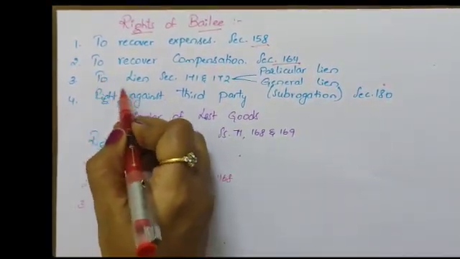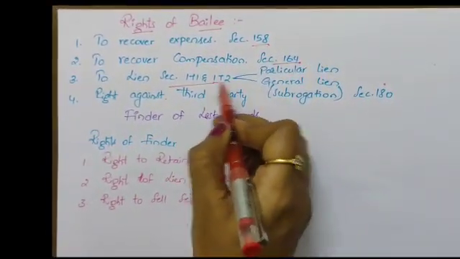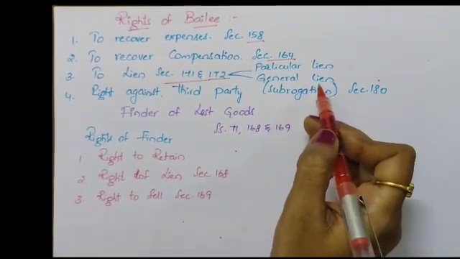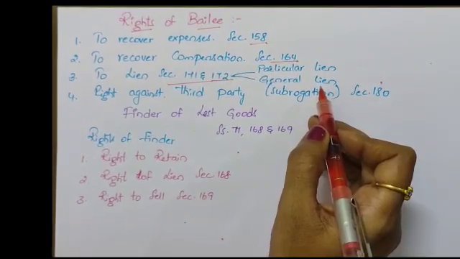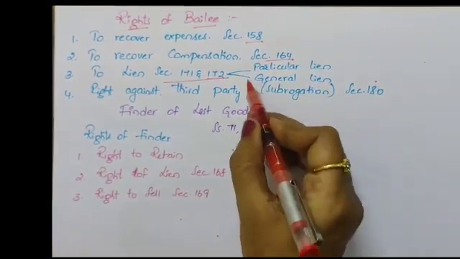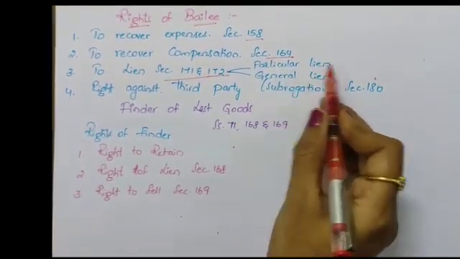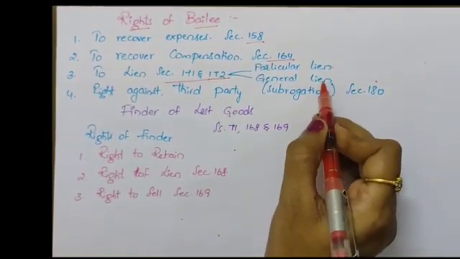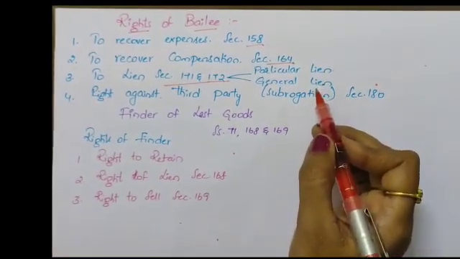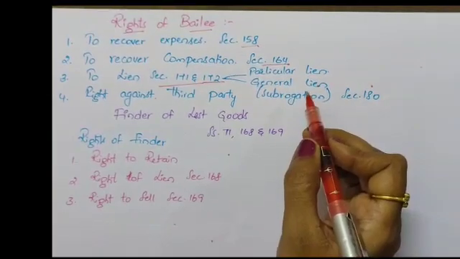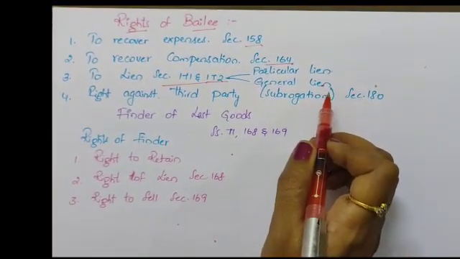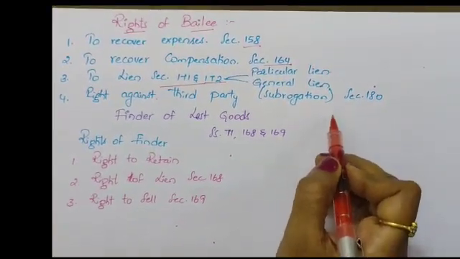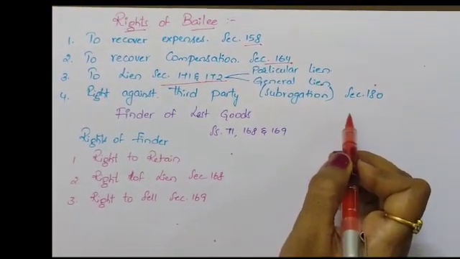Next, right of lien under section 171 and 172. The term lien means right to retain the goods till the dues are cleared. The lien is of two types, particular lien and general lien. Particular lien gives the right to retain possession only of goods in respect of which the charges or dues have arisen.